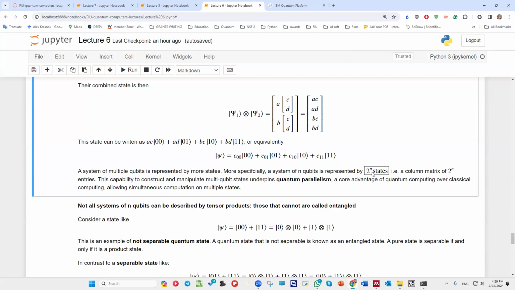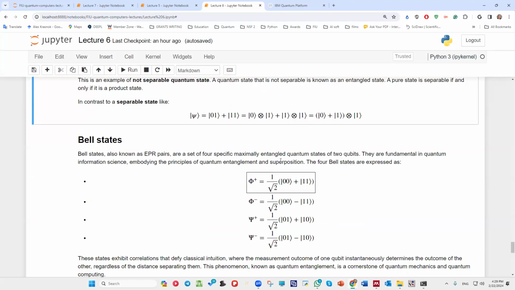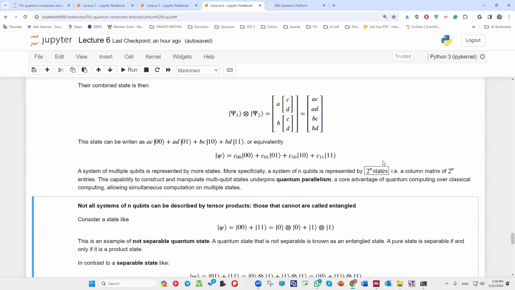In general, as I said, if we have a system of n qubits, the state vector which represents the state of this n qubit system will contain, oops, sorry, 2 to the power of n terms. And the corresponding matrices, the operators, will also be matrices with 2 to the power of n by 2 to the power of n elements.